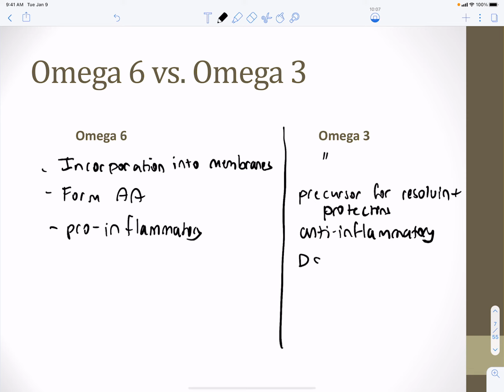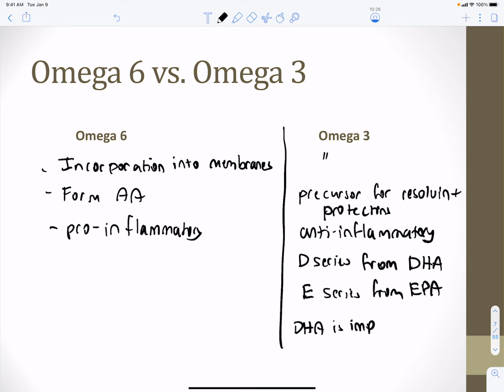You have a D series, and this comes from DHA, and then you have your E series, and this is from our EPA. Note that DHA is also important for normal brain development.